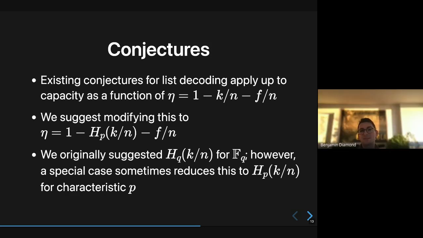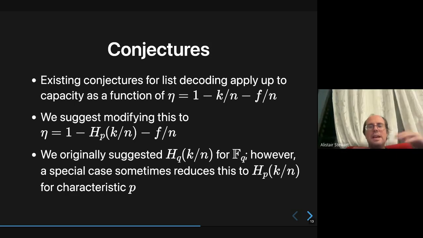Yeah. So there is a special case, which is one of the things I was trying to discuss for your thing. There are sort of 2 special cases. One is the Kopparty et al. thing for binary fields. The other is the subfield case.